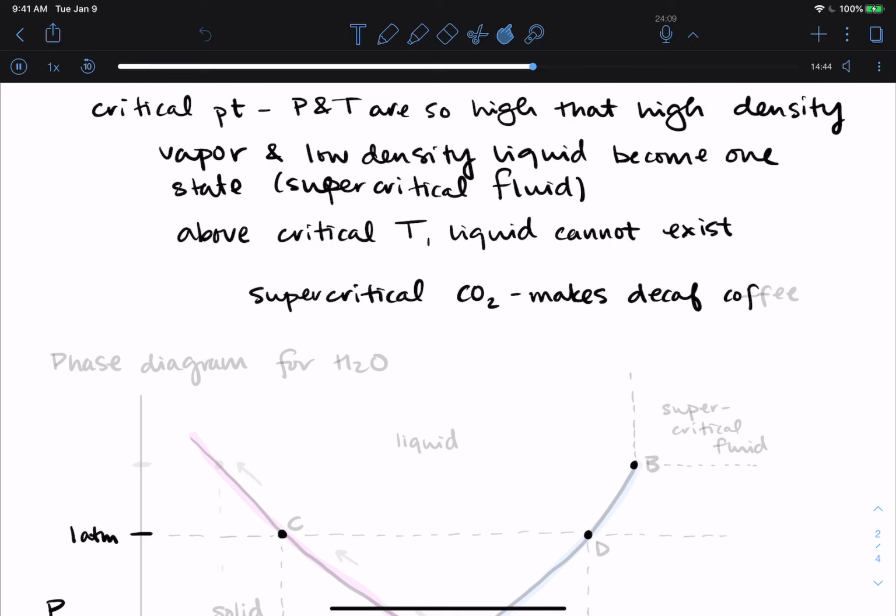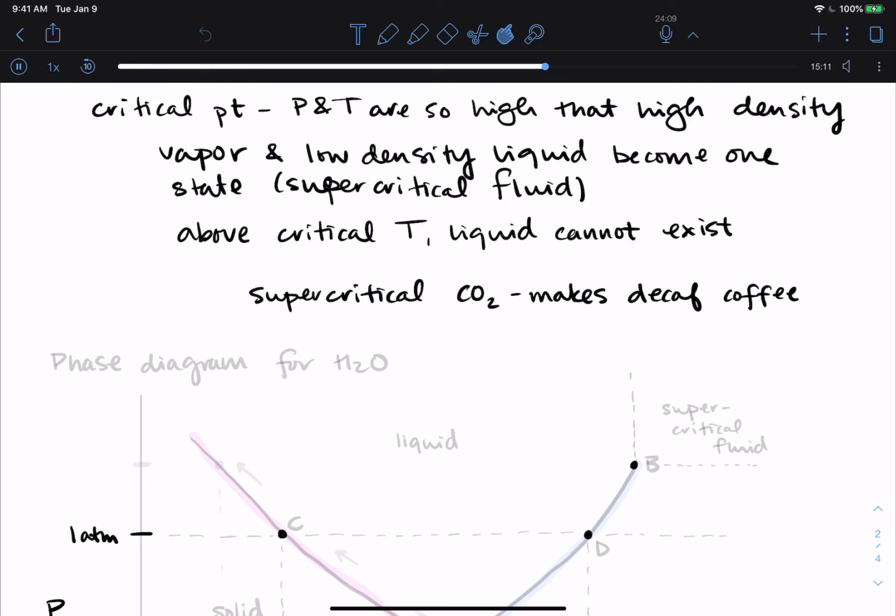I have also heard, I think it's supercritical CO2, but it might be a different substance, that you can use supercritical fluids to do things like dye extractions or dyeing fabrics, because then you don't have any solvents left over that are generally really bad for the environment.